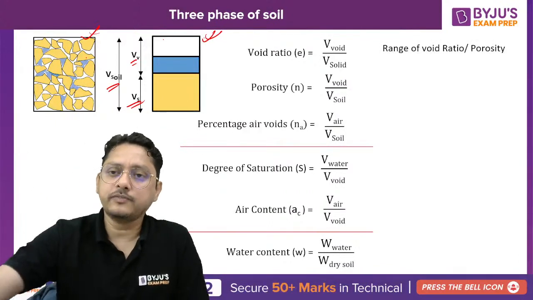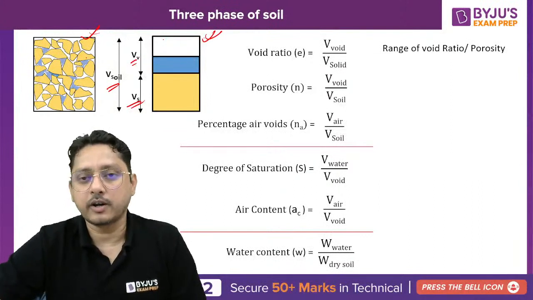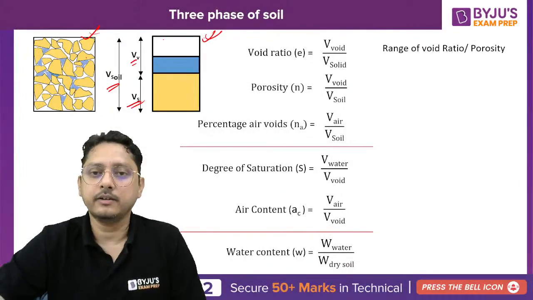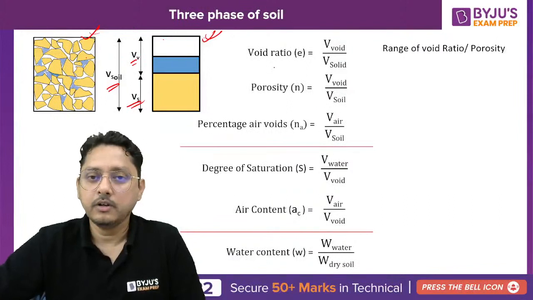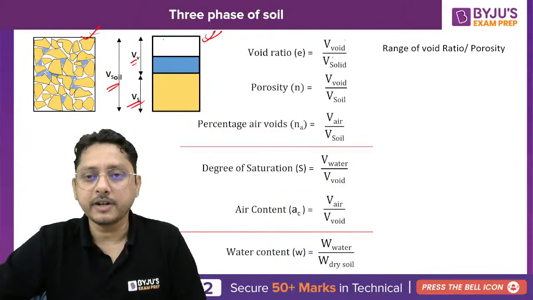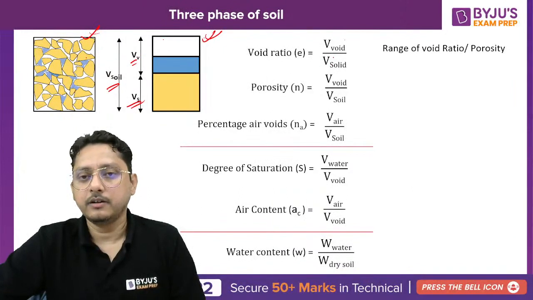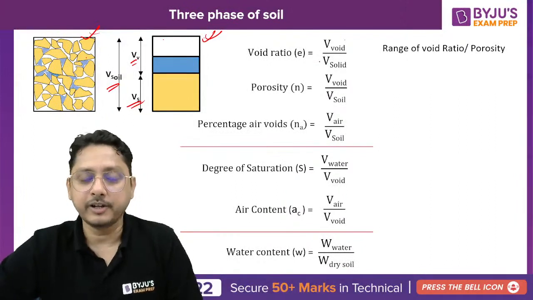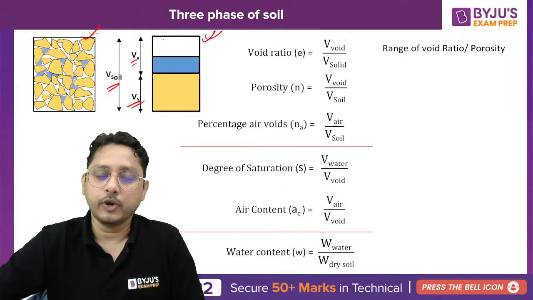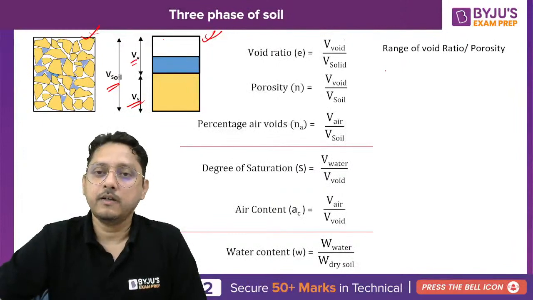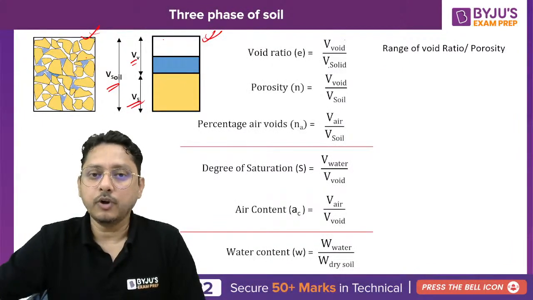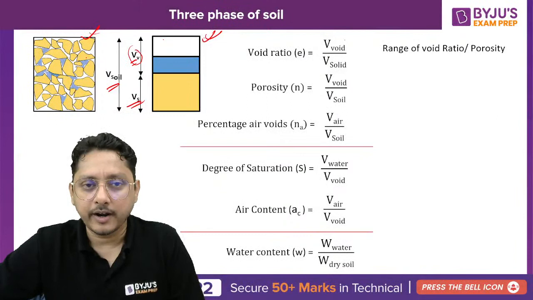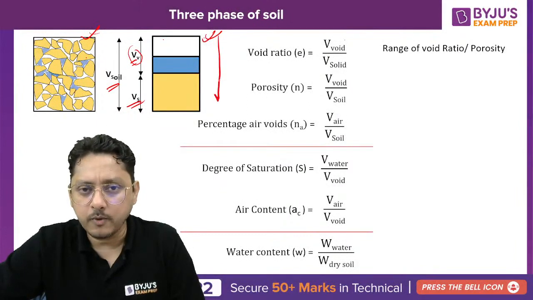If you see the range of the void ratio, porosity, degree of saturation and water content, that is also quite interesting. Void ratio: volume of void by volume of solid. You can tell me what the range will be. If there is no void at all, although it is a hypothetical condition, it may reach 0. Now imagine this is the volume of void and this is the volume of solid.